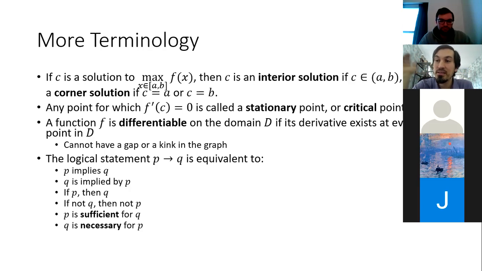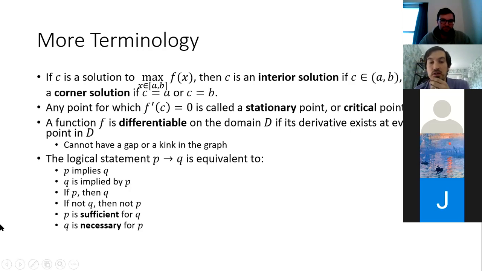So a necessary condition is like saying, well, I'm not sure if I've found the optimum, but if this is going to be the optimum, then the necessary condition must be true. If the necessary condition is not met, then for sure this is not the optimum.